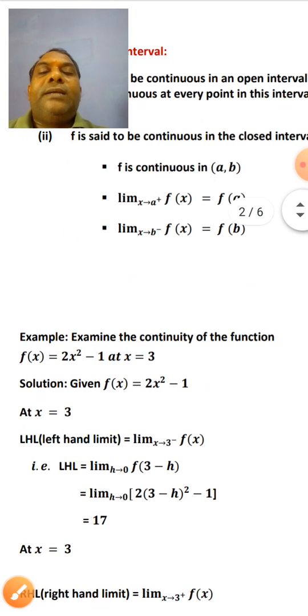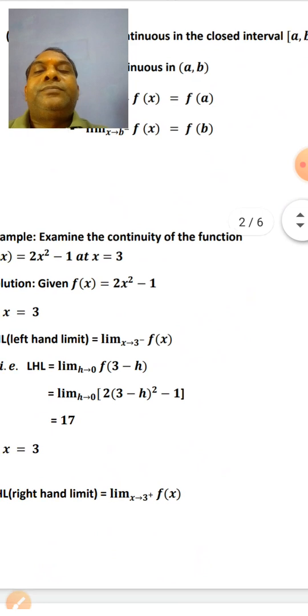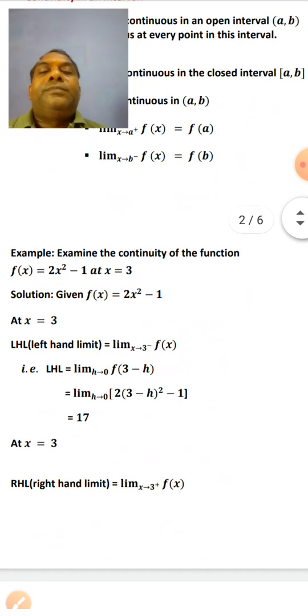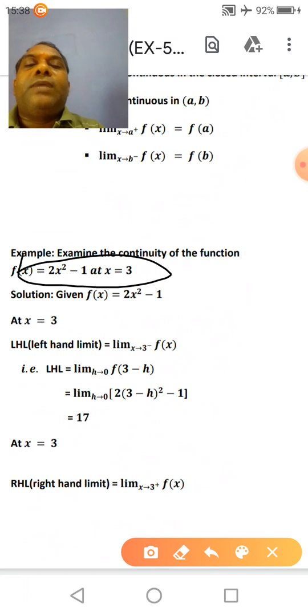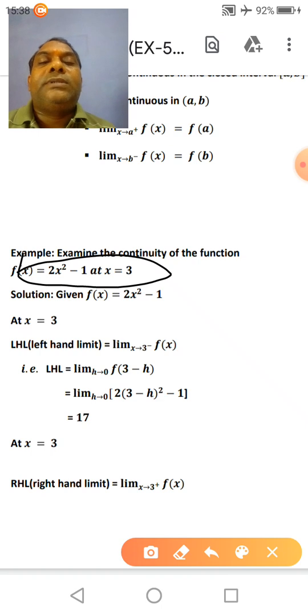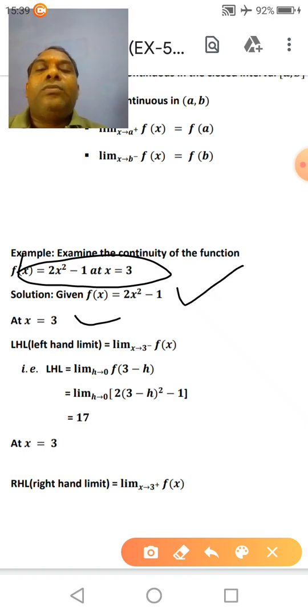Now see the examples. Here you have to examine f(x) is equal to 2x square minus 1 at x is equal to 3. You have to check whether the given function is continuous or not continuous. Not continuous means discontinuous at the given point. Firstly, you have to find LHL.